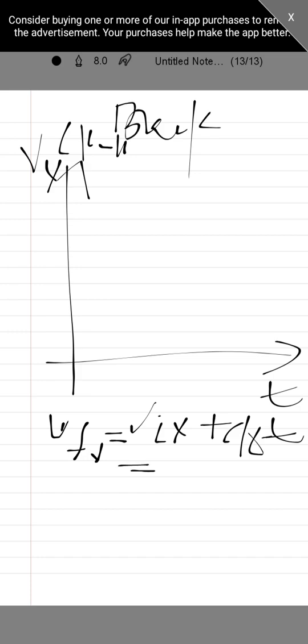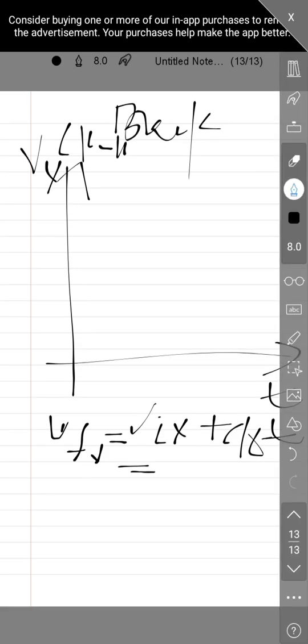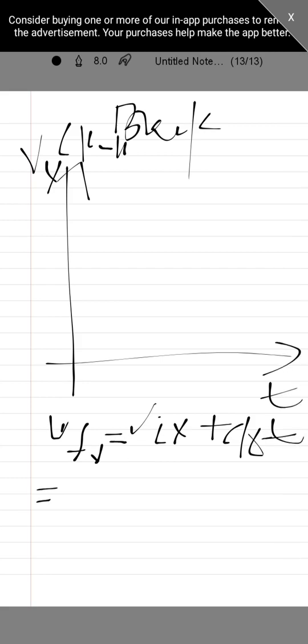Let me take us step by step here. So the final velocity is equal to the initial velocity, which was 6 kilometers per second, plus the acceleration, which, remember, was negative, so plus minus 0.4, times 10 seconds.